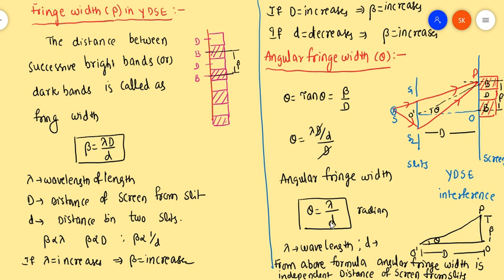Next, when we dip Young's double slit experiment in a liquid of refractive index nu, then what happens? Okay, you take the screenshot and note it.